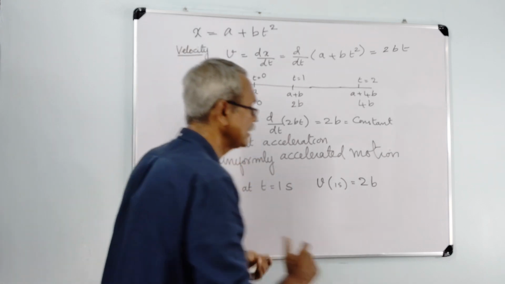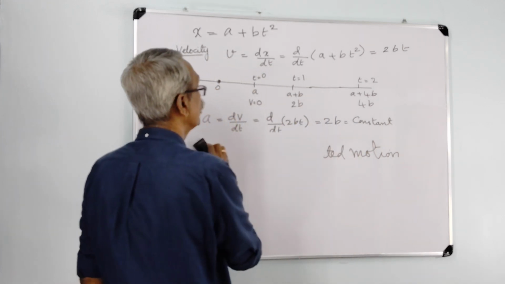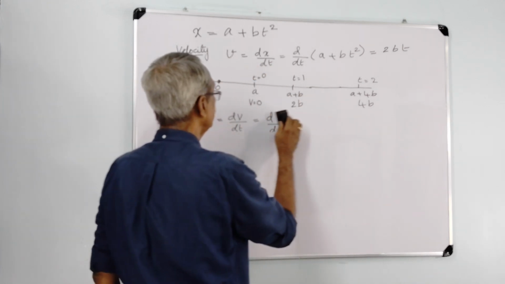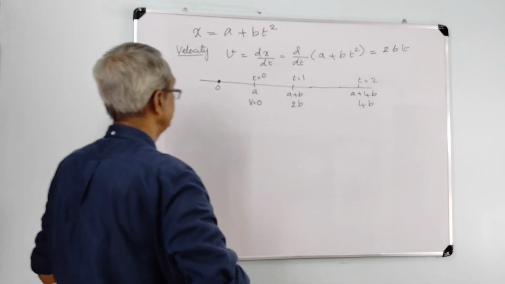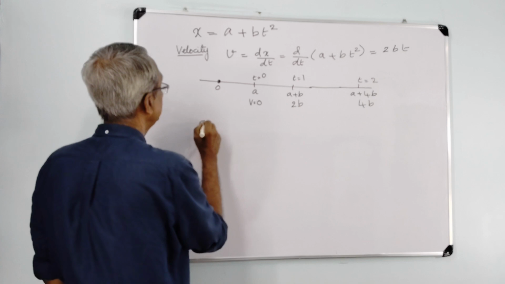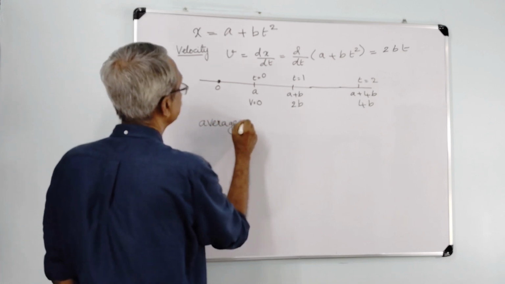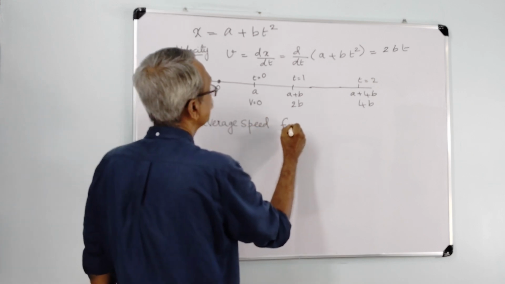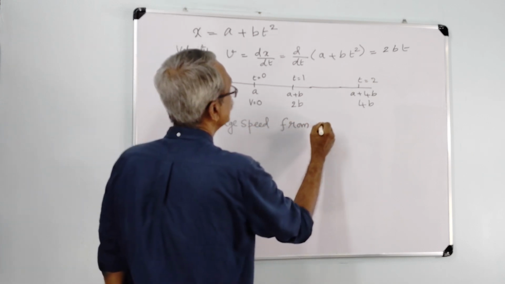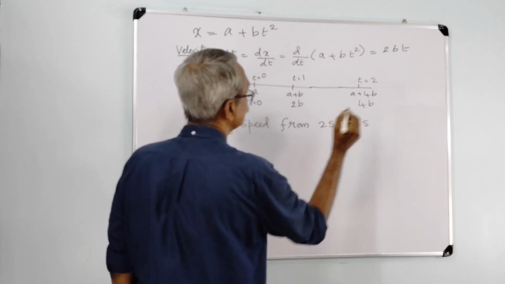Now, imagine that we are asked to calculate the average speed of this particle from 2 seconds to 4 seconds.